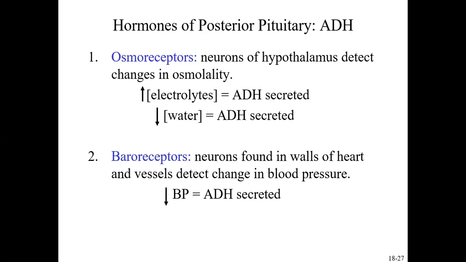Here is a scenario where blood pressure starts to go down, perhaps because you have low blood volume, low body fluids. Maybe, again, you're dehydrated, and so you need more fluid retention. That means your pituitary gland should secrete more ADH to help retain more body fluids.